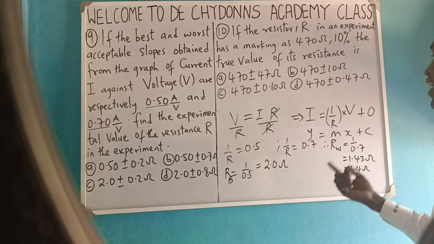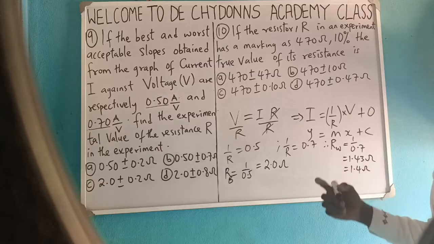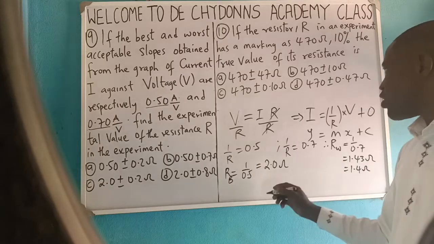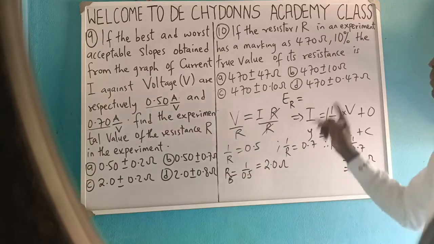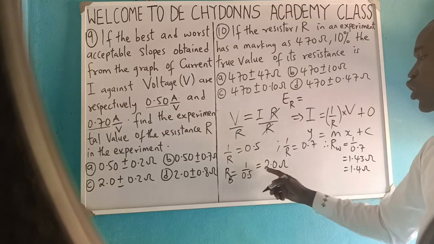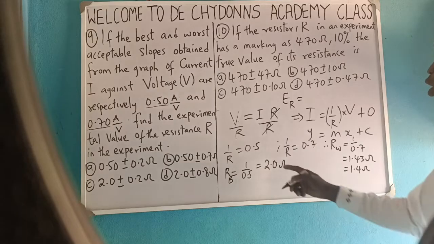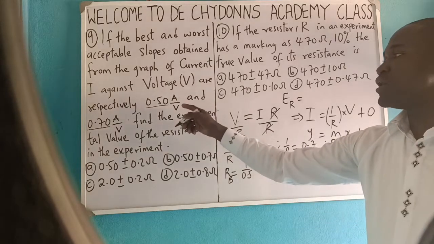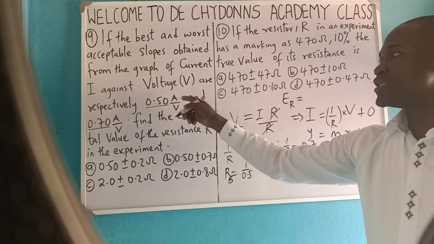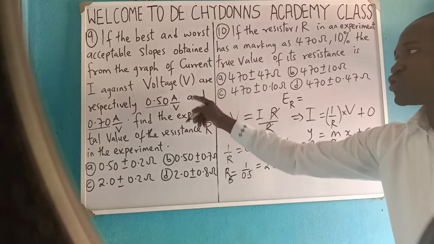Now, how do we get the error encountered? The error in getting the resistance here, because we got this from slopes, and they didn't give you the maximum error or the standard error that we used to write plus or minus.